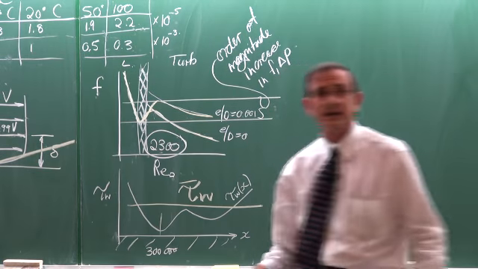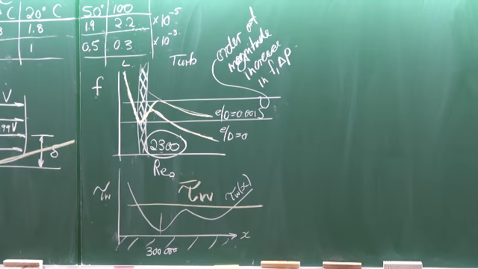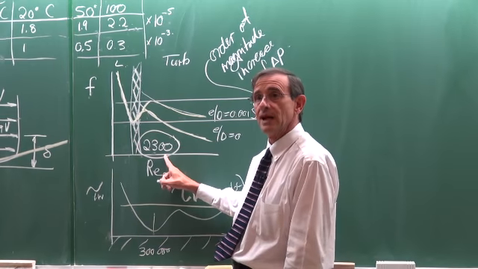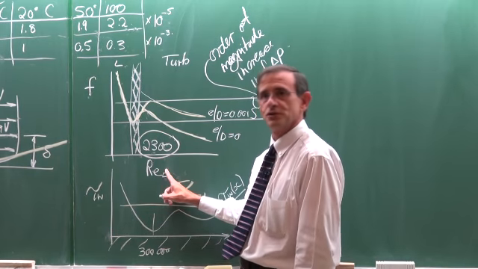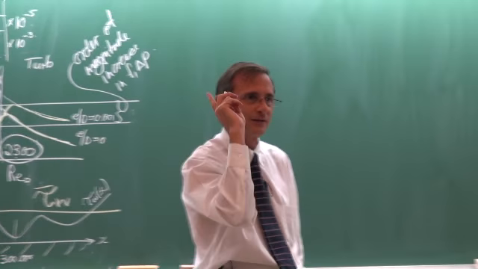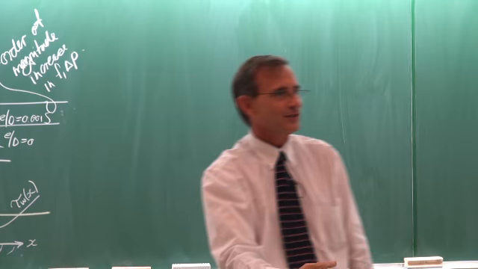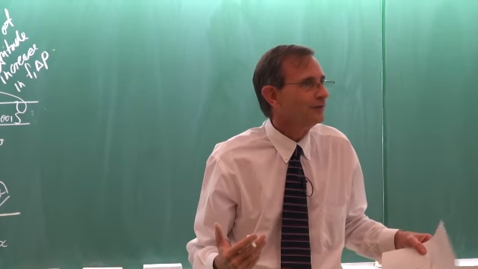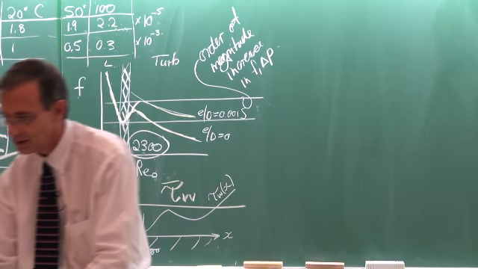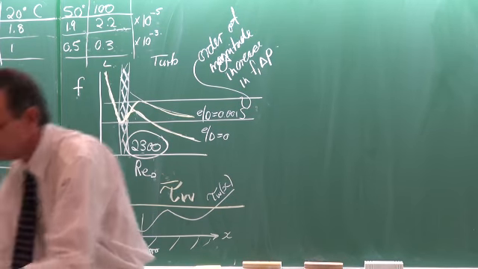So for a flat plate, the transition is not the same as for a tube. This value of 2,300 is only valid for tubes. It is not valid for your car. It's not valid for an Airbus. And it's not valid for your own body if you run in air or in water. So it depends on the geometry.